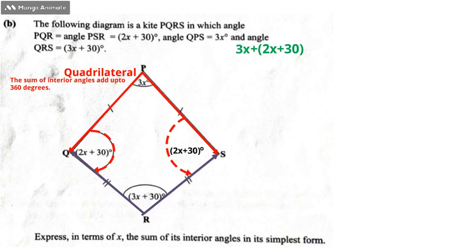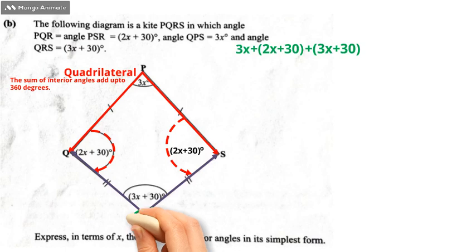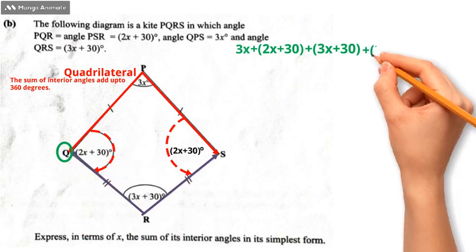Then we come to point R, where there is 3x plus 30 degrees. Then we come to point Q, where we also write 2x plus 30 degrees.